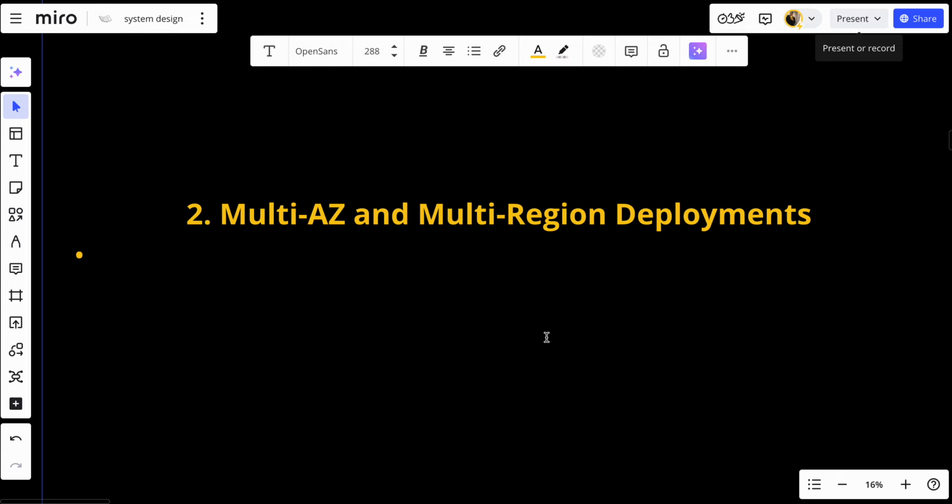However, deploying across multiple regions can be expensive, so it's better to consider this option for critical services. Start with multi-availability zone for most applications, which is less costly than multi-region, while still providing a good level of redundancy.